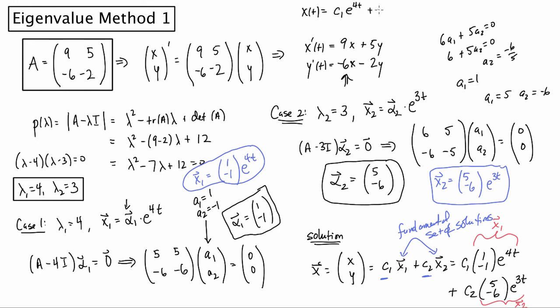So it would be plus 5 c2 e to the 3t. And then y of t would be the bottom component of the solution vector, which would be c1 negative 1 e to the 4t, so negative c1 e to the 4t. And then the bottom component of this vector would be negative 6 c2 e to the 3t.